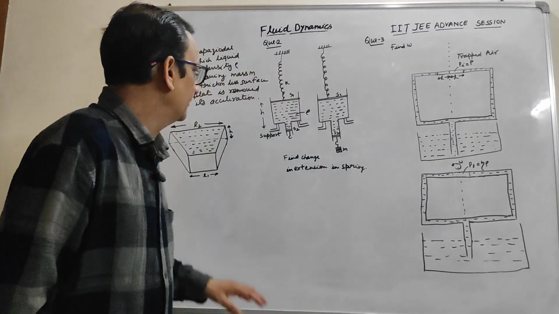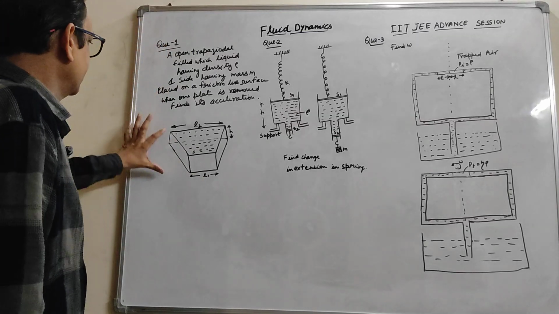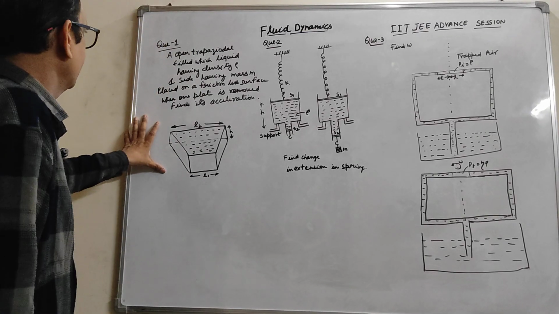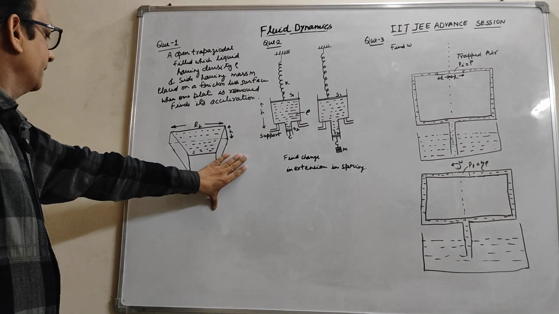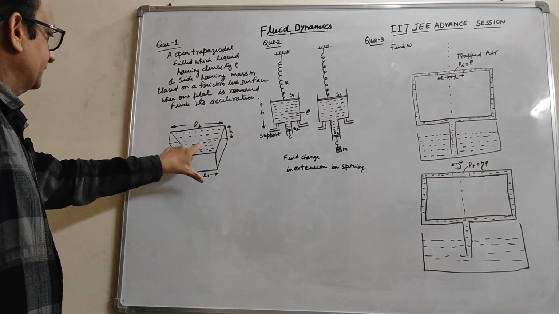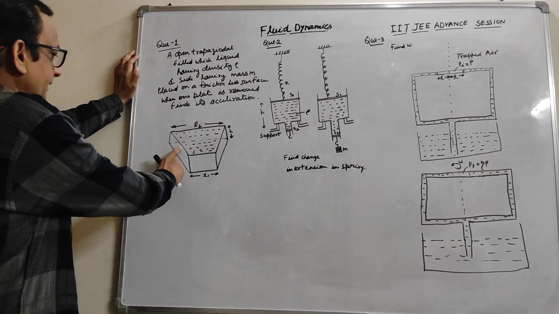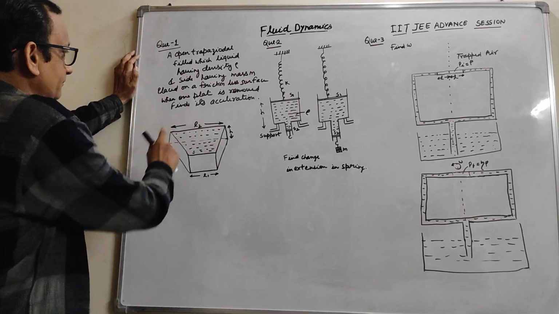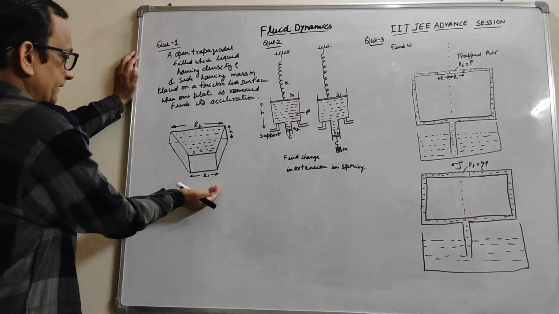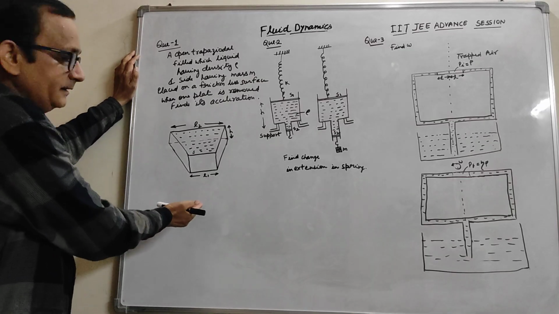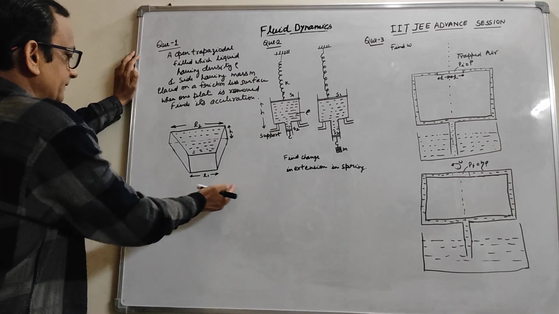So we consider a trapezoidal shaped body in which a liquid is filled, and each plate has mass m. This trapezoidal shape is placed on a horizontal plane.